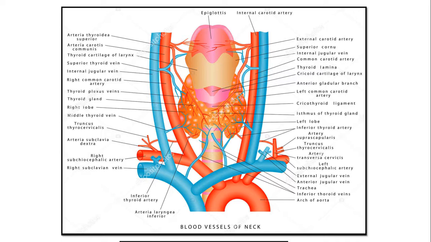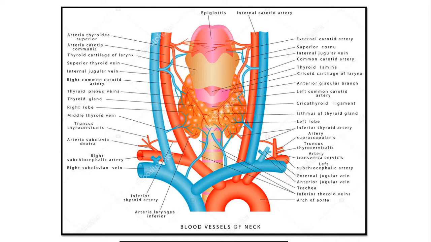Another interesting thing, the internal jugular vein has a valve at its end while it is joining the subclavian vein. So you can depend on it for central venous pressure assessment. The subclavian doesn't have it, and the brachiocephalic doesn't have any valve.